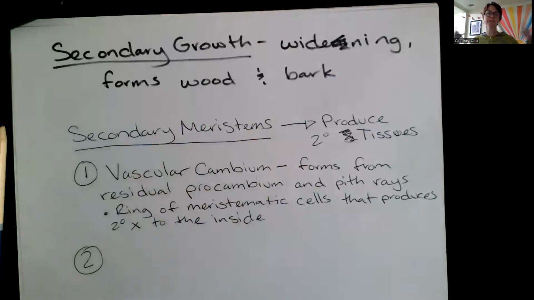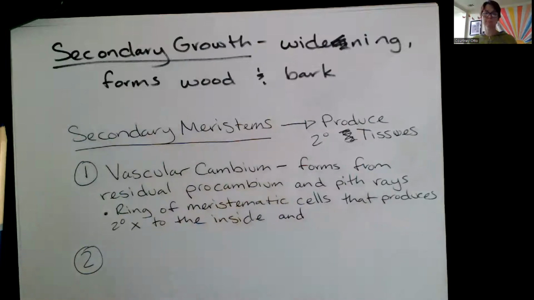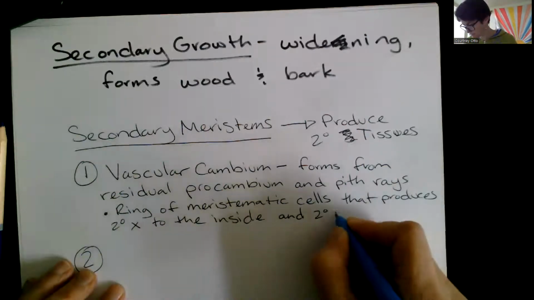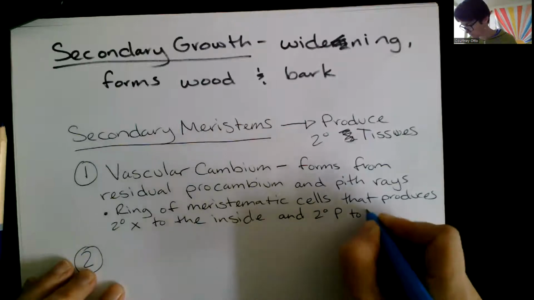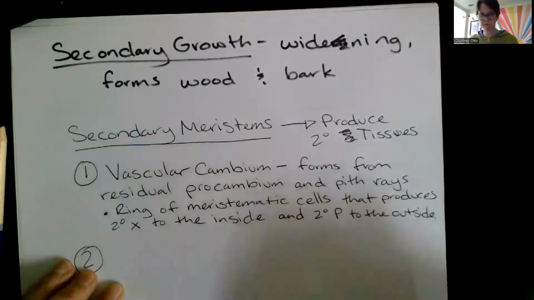All right, so that ring divides to the inside, secondary xylem gets produced. And when it divides to the outside, secondary phloem is going to get produced. And that's going to happen first.